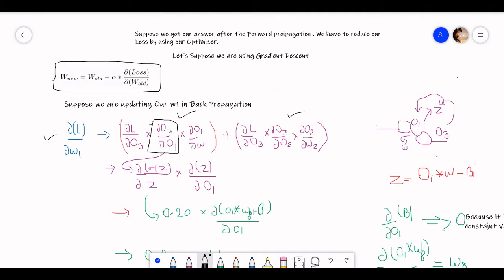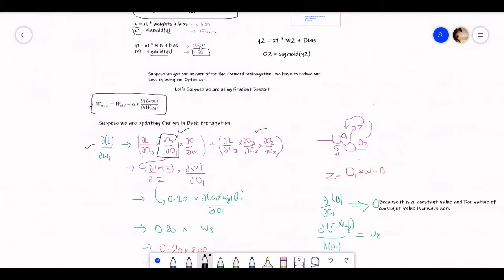O3 is nothing but the sigmoid of Z, because we know that O3 is the sigmoid of Y1 and Y1 is nothing but Z. Suppose we are taking Z. So what will be the O1? Suppose this is the neural network, while this is the chain rule.